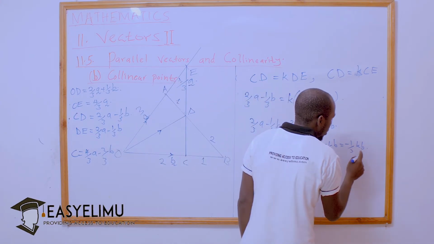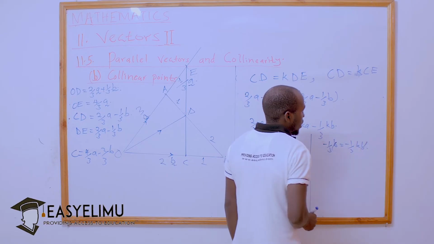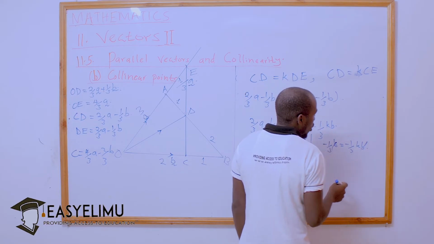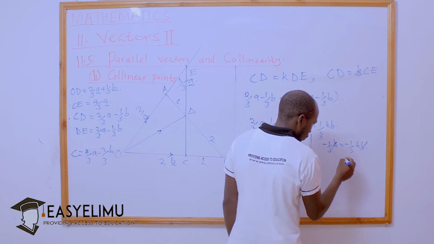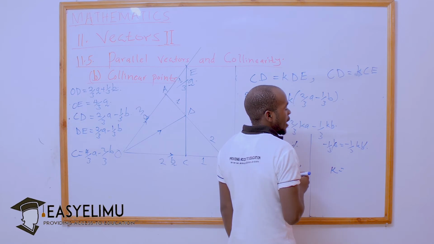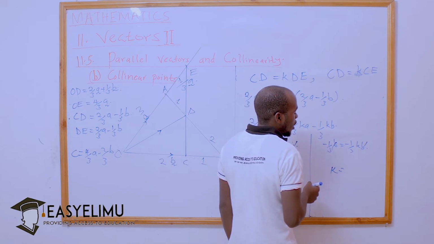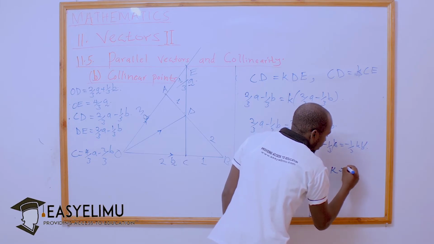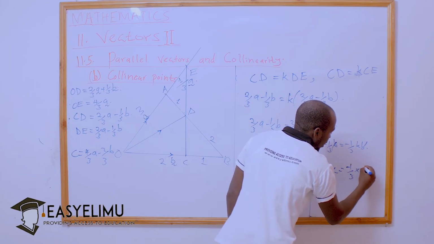Divide both sides by b, and in order to get k, multiply both sides by negative 3, and you will find negative a third multiplied by negative 3.